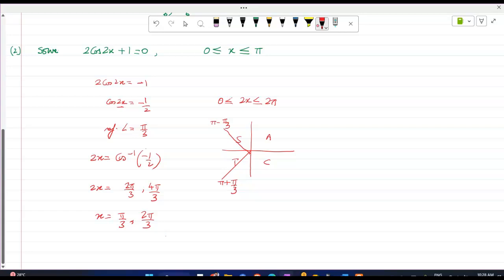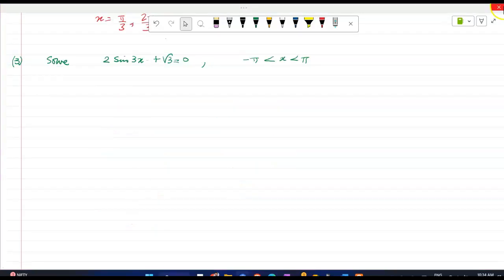Perfect. Now let's get one more twist. Now I wanted to show you what happens when you get a negative domain. So that's what the whole idea was. So what I will do is, first we'll get this on the other side, minus root 3.